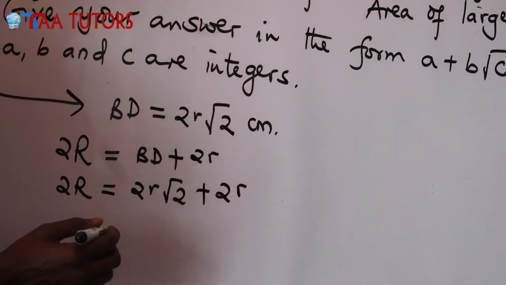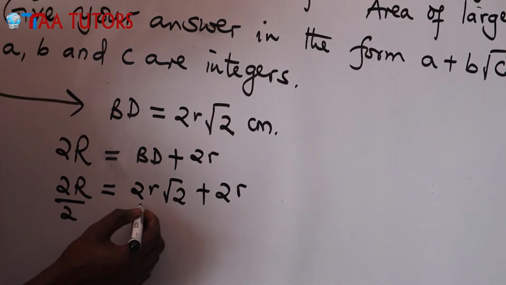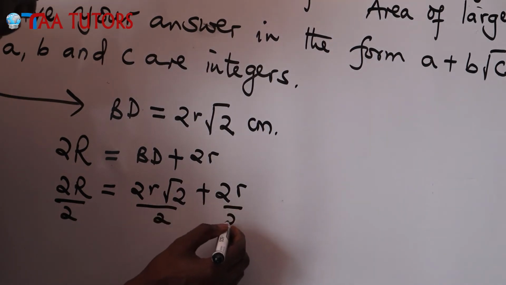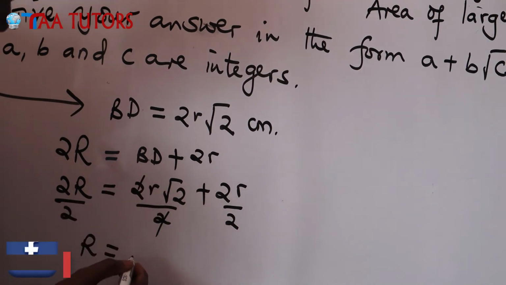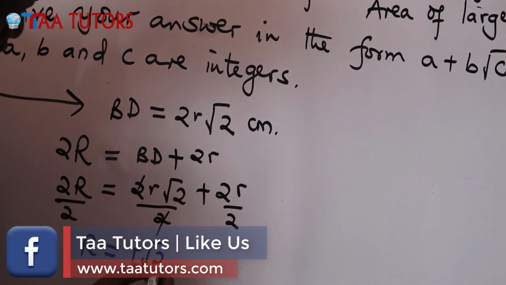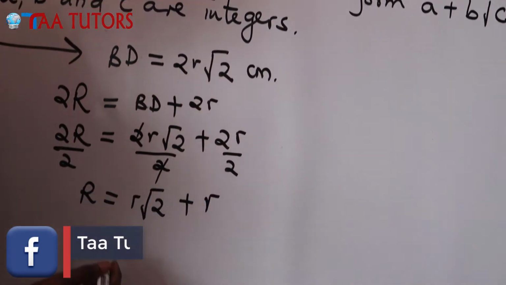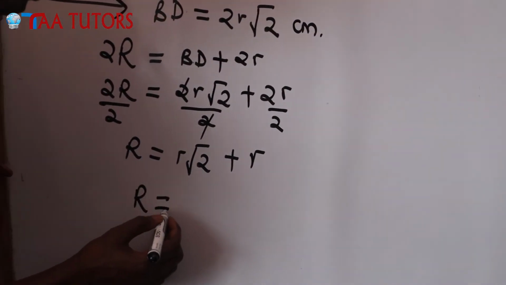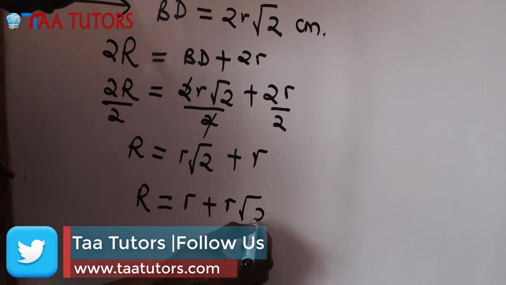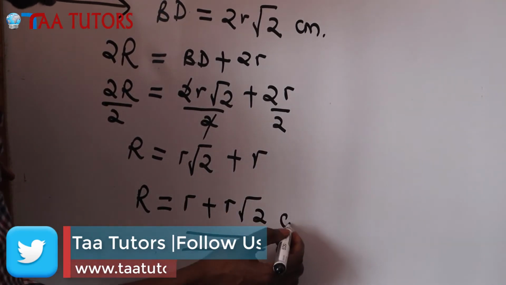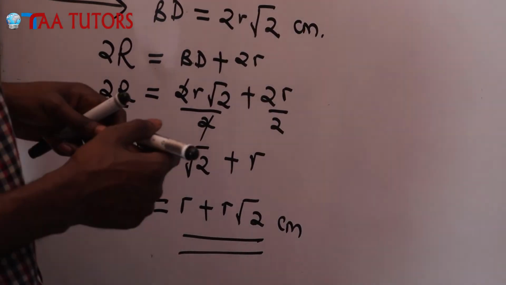But if you want to get the actual radius, we divide by 2. So the radius of the bigger circle is r surd 2 plus r. What we can say therefore is that the radius of the bigger circle is given by r plus r surd 2.